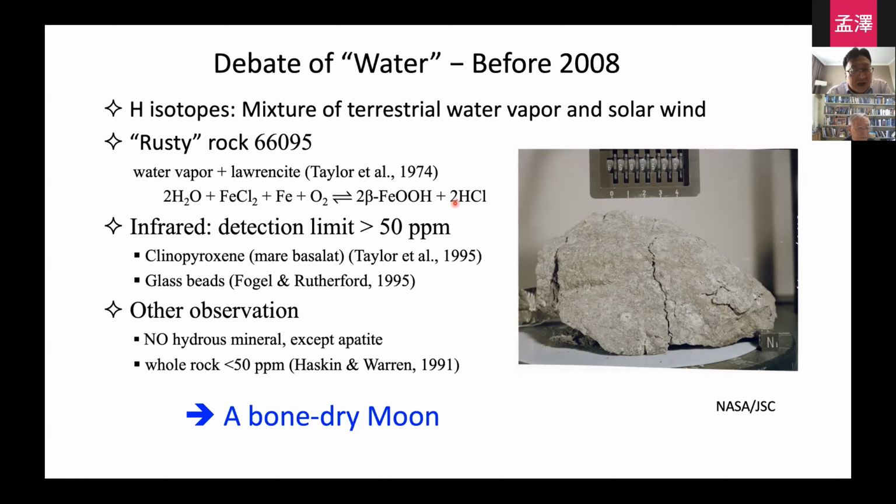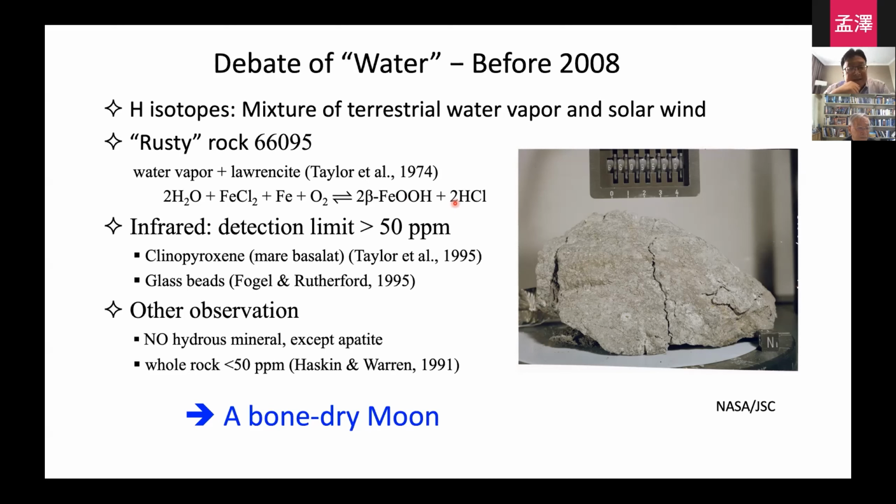There were also some other observations carried out in the 1990s, like whole rock measurements for hydrogen. Basically the measurements show that the water concentration in the whole rock is less than 50 ppm.